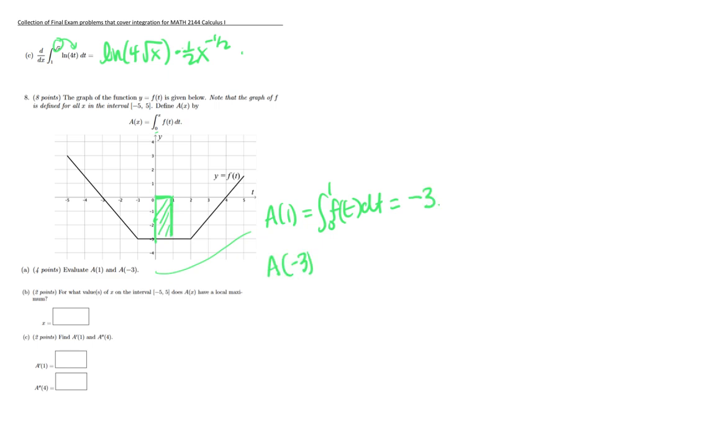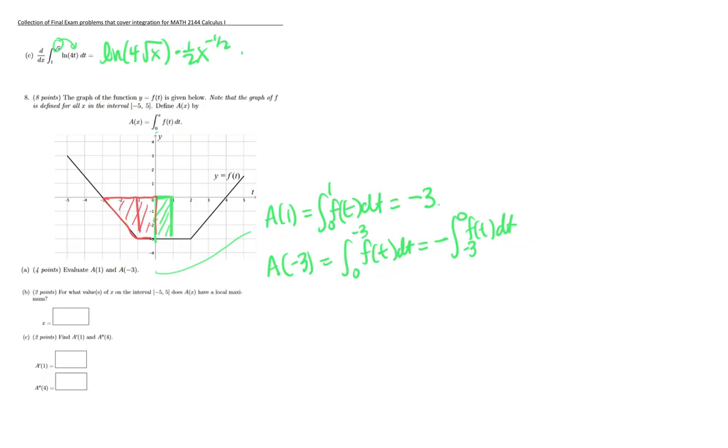A of -3 will be the integral from 0 to -3 of f of t dt, which will be negative of the integral from -3 to 0 of f of t dt. So I'm going backwards now with my area. So that integral will be a negative area. It looks like a trapezoid, or I can think of it as a rectangle and a triangle if you want.